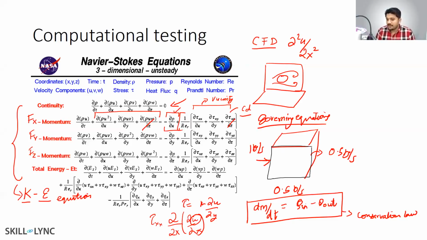The actual answer is exactly this. You can actually do something called a direct numerical simulation. The name sounds fancy, but it is basically solving the entire Navier-Stokes equation as is. If you do that, then there is no need to have any turbulence model, right? But the problem is the number of computational cells that you need is a function of Reynolds number to the power 9 by 4.